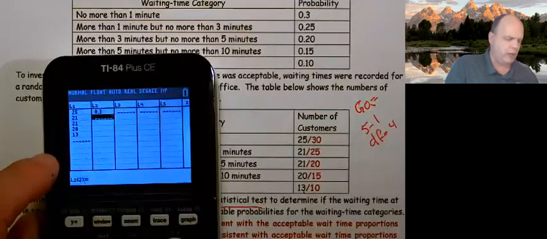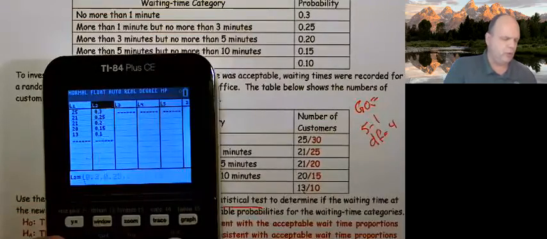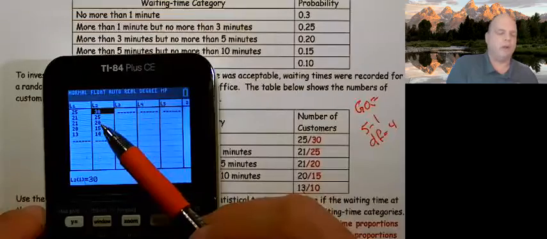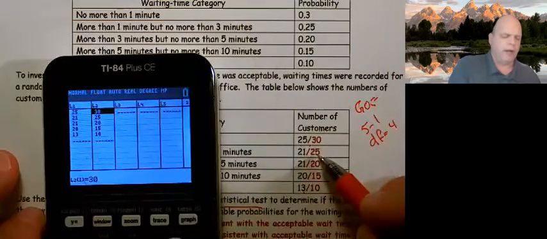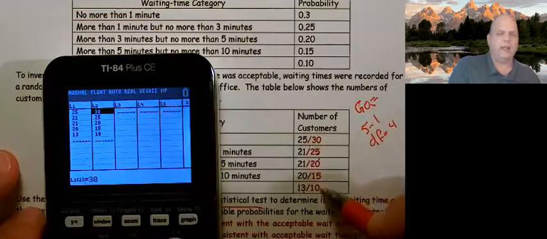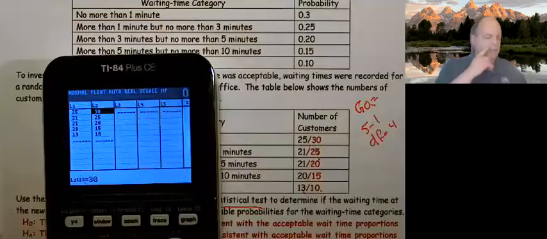This is 0.3, 0.25, 0.2, 0.15, and 0.1. Now, I just go up to the top of L2, second 2 times 100. Obviously, I could have done it by hand if I wanted to. So I need to write these down. There's my expected values, 30, 25, 20, 15, and 10, all right? And if it's in red, they didn't give it to me.